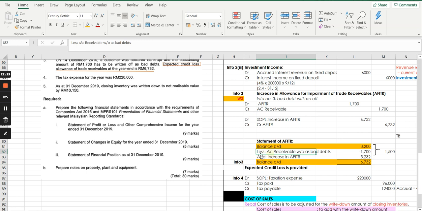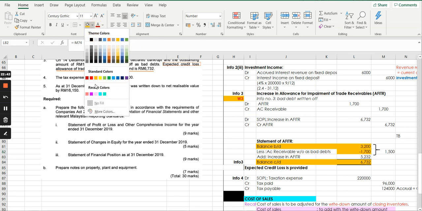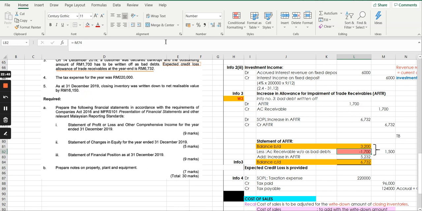And the account receivable that was written off as bad debt, 1,700, will have to be debited to the allowance, and that has reduced this part as well.